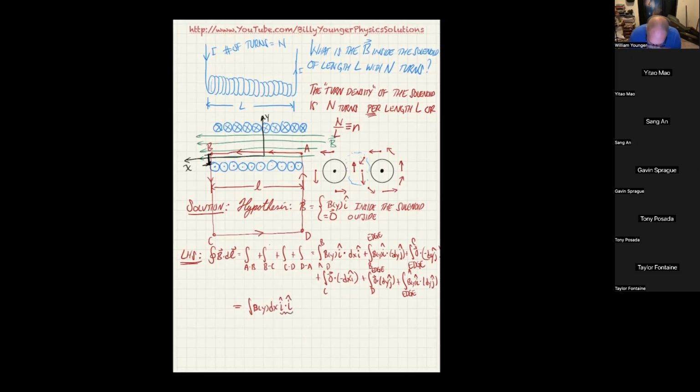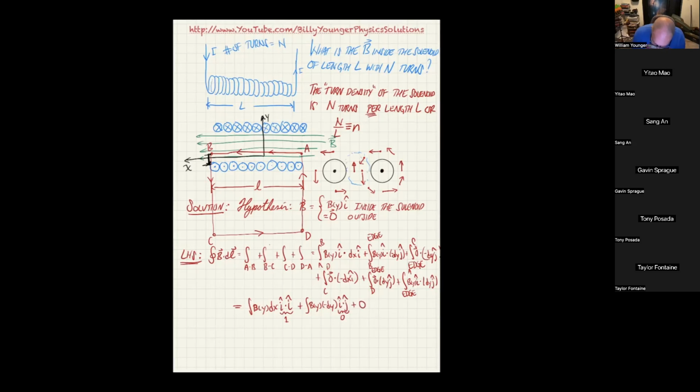And of course, i hat dot i hat is just 1. And then you can see the integral from B to the edge, since it's i hat cross j hat, you're going to get 0. I'll show you that by saying it's B of y times negative dy times i hat dot j hat, which is 0, plus 0.